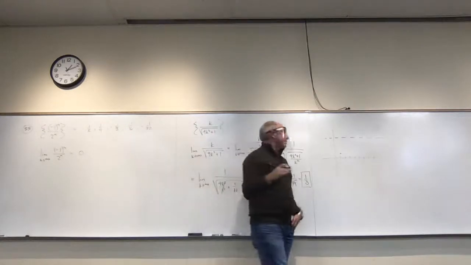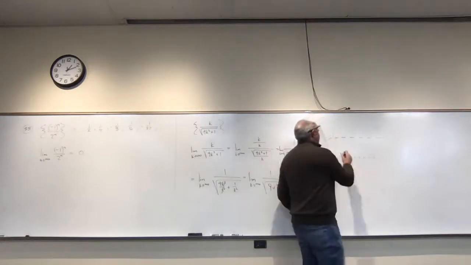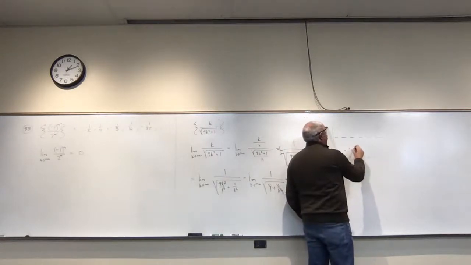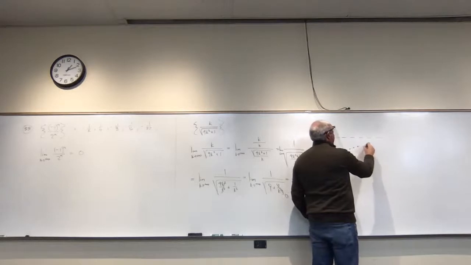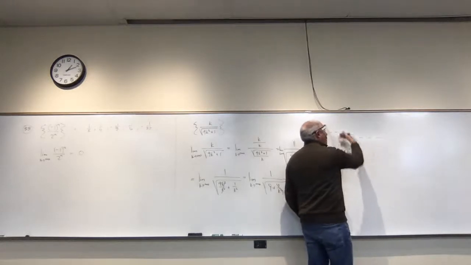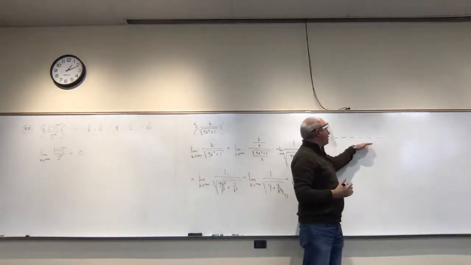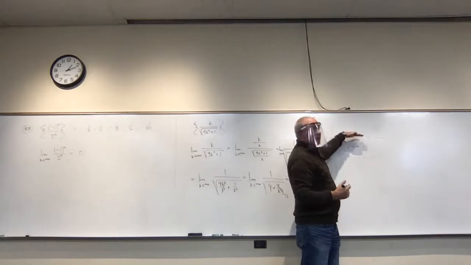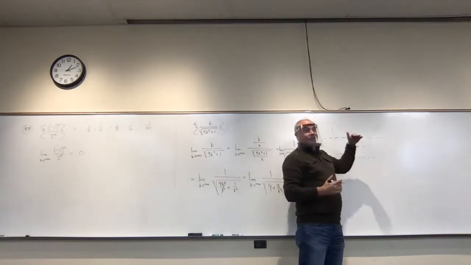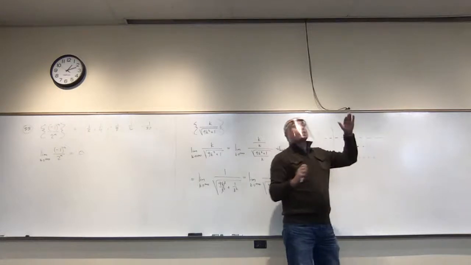So let's say this thing is increasing, but you know that it's bounded up here. If I start increasing, it may never get there, but it can't go above it. So if I know that I have something that's increasing and it's bounded above, it has to converge. It can't diverge if it keeps going up.